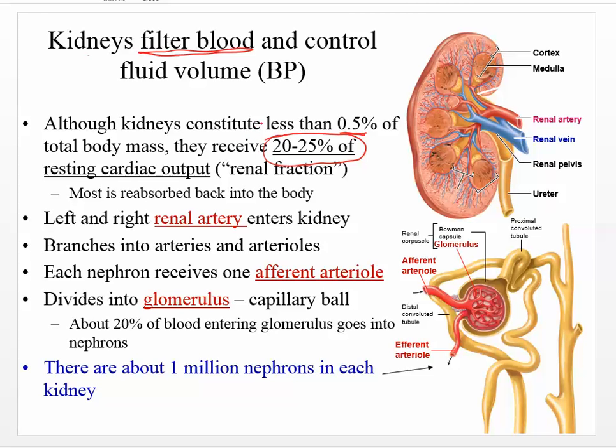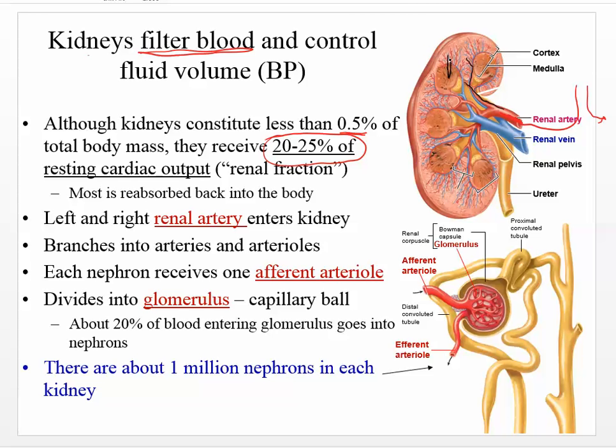So as your heart is beating and pumping the blood out into the aorta and then the descending aorta, that's going to branch off into the renal artery. There's a left and a right. Then that blood is going to divide into smaller arterioles, and an arteriole will feed nephrons.